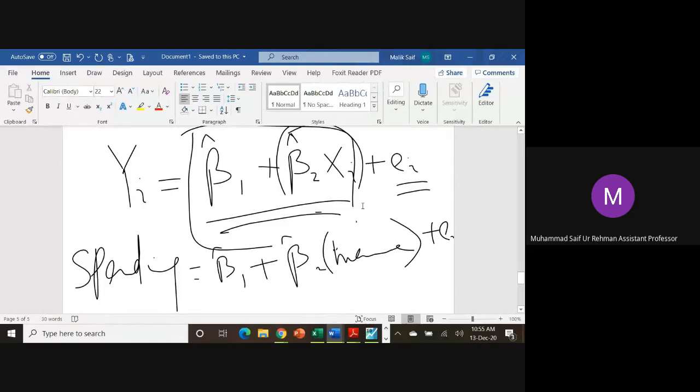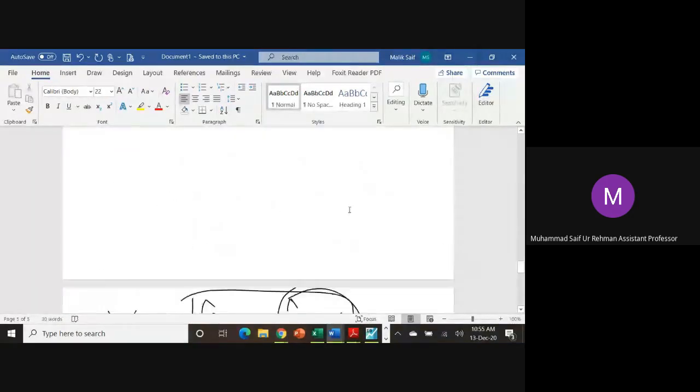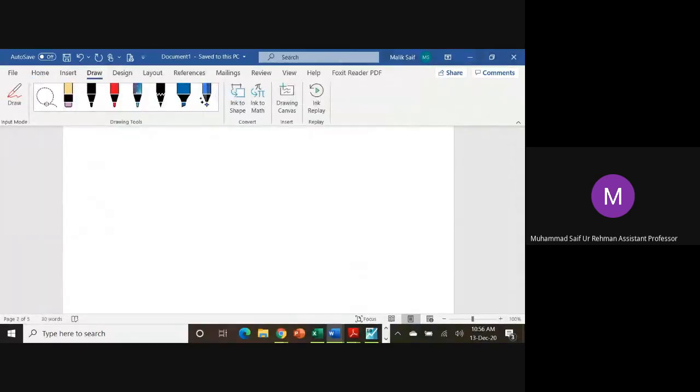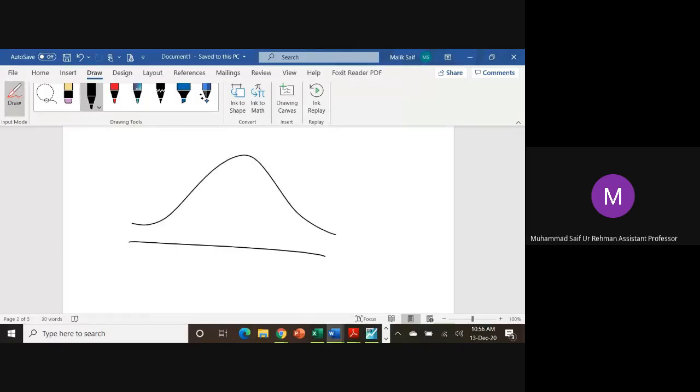Basically, we are interested in normal distribution. Okay, you are familiar with normal distribution and skewness. If you are not familiar, then I think I can draw it. This may be considered as a normal distribution.